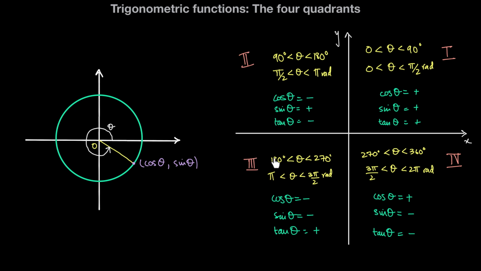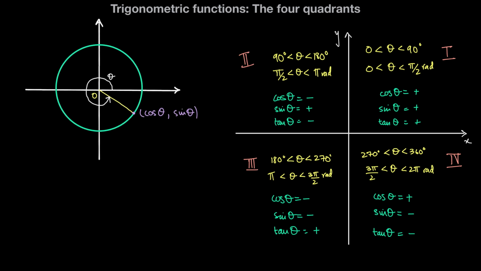In the third quadrant, when theta is between 180 and 270 degrees, or between pi radians and 3 pi over 2 radians, only the tan of theta is positive, whereas the cosine and sine are negative. And if theta is in the fourth quadrant, between 270 and 360 degrees, or between 3 pi over 2 and 2 pi radians, only the cosine of theta takes on a positive value, whereas the sine of theta and the tan of theta take on negative values.